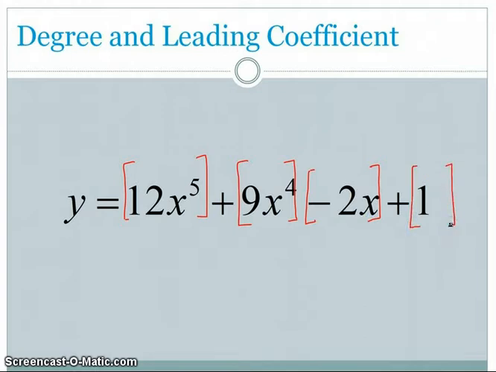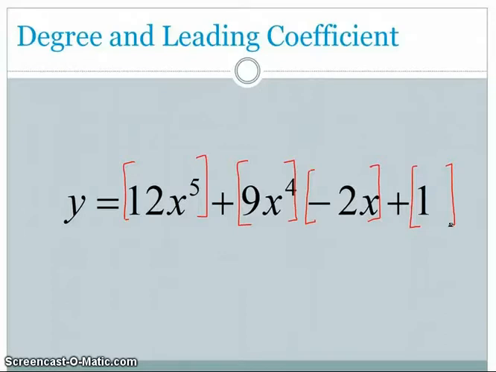What do we see in these terms? We see that every term has the same variable x. We also see that the term with the highest exponent has a coefficient other than 0, so we know that this is a polynomial function. When you look at polynomial functions, there are two very important ideas that you need to understand.